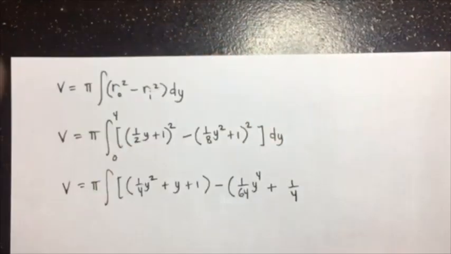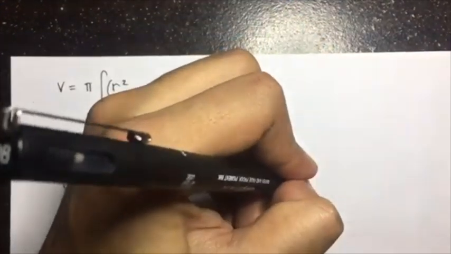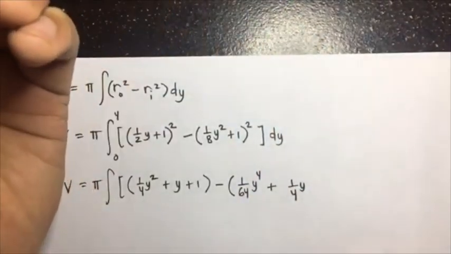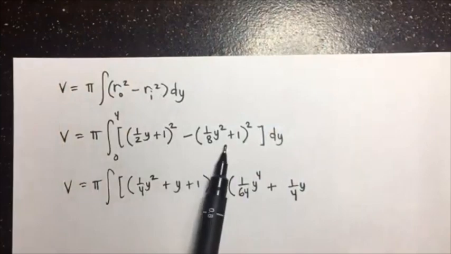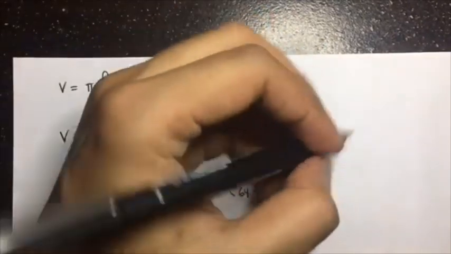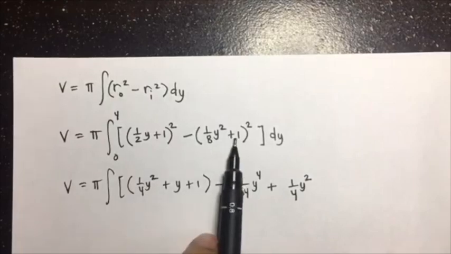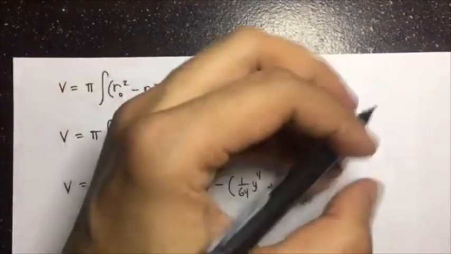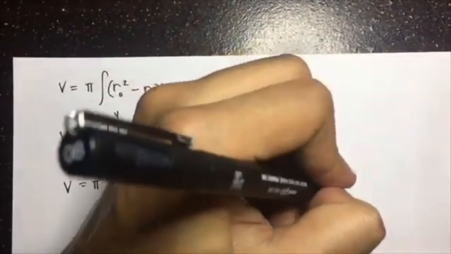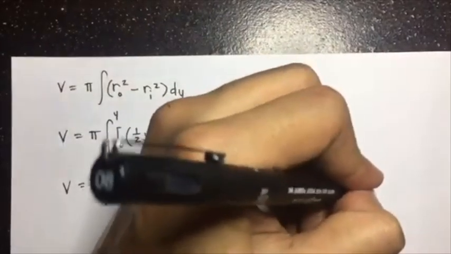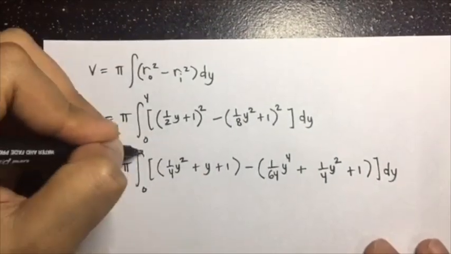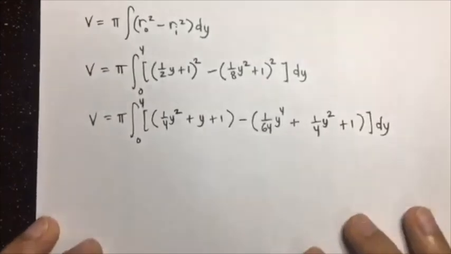Multiply by 2, so we will have 1/4 y squared, and then the second term squared, so plus 1, dy, with limits from 0 to 4.